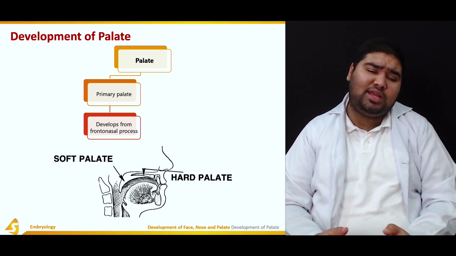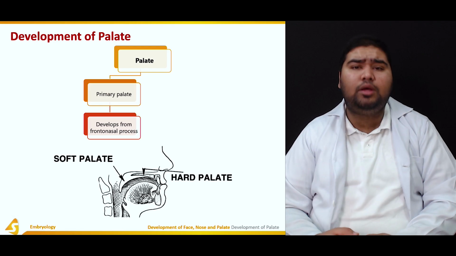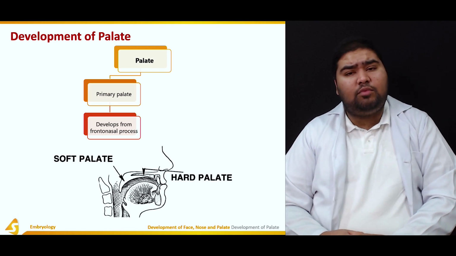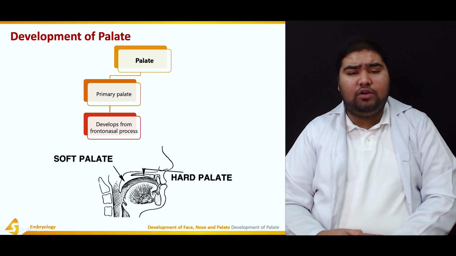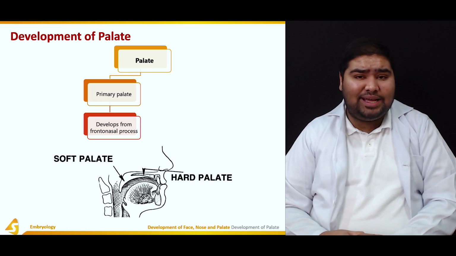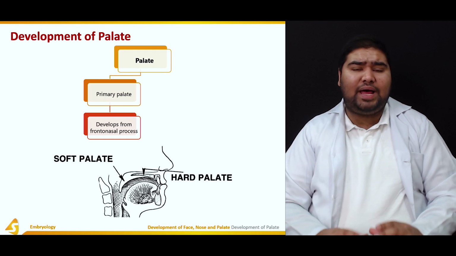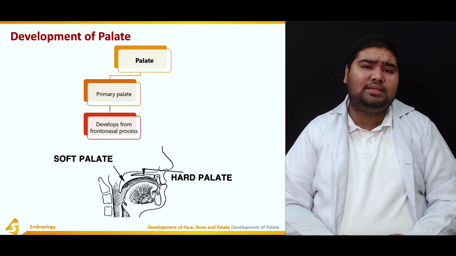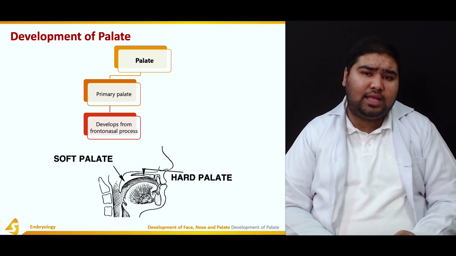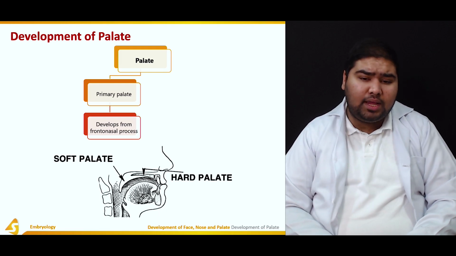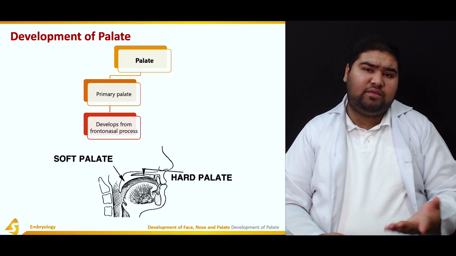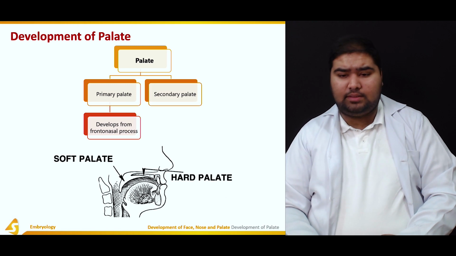It forms three components: the labial component, which forms the philtrum of the upper lip, the alveolar component, which carries the incisors, and the premaxilla, which forms the palatal component. This premaxilla and the alveolar component together are known as the primary palate, and they develop from the frontonasal process.